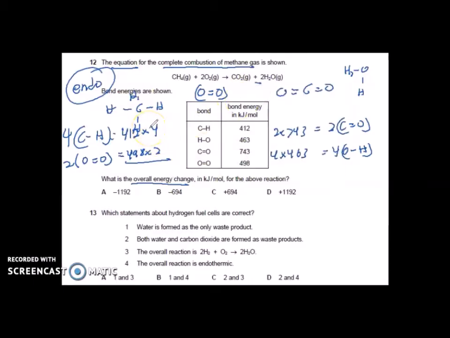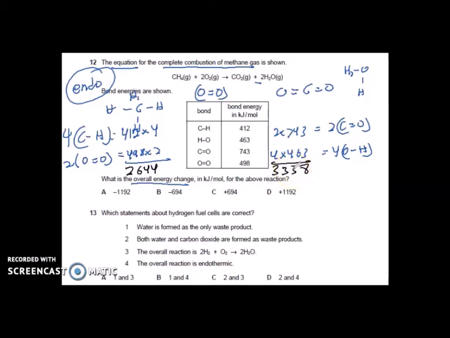When we calculate, you will get 2644, and here you will get 463 times 4, which is 3338.